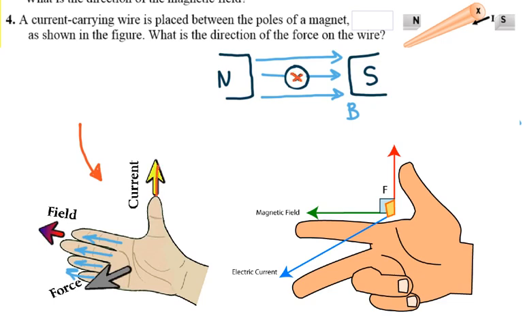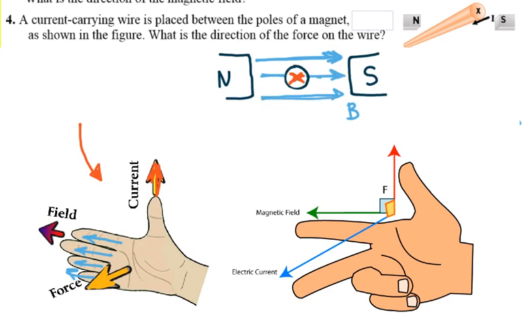So this is the current. The current is going away from you into the page, and the force that is acting on the wire is going to be out of your palm. So try to place your hand where the fingers are aligned with the magnetic field lines.